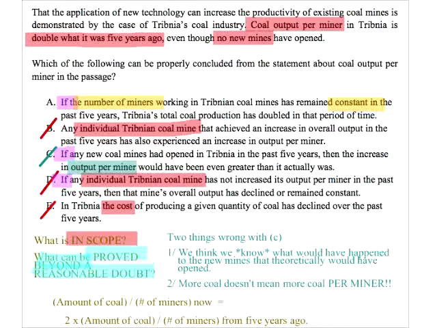Ordinarily, this would allow variation in either one of these quantities. You could have different amounts of coal, or the coal might have gone up by 6 times and the miners up by 3 times. That would work. Or the coal might have stayed the same and the miners might have been cut in half. Or who knows. But choice A is saying that the number of miners is constant.